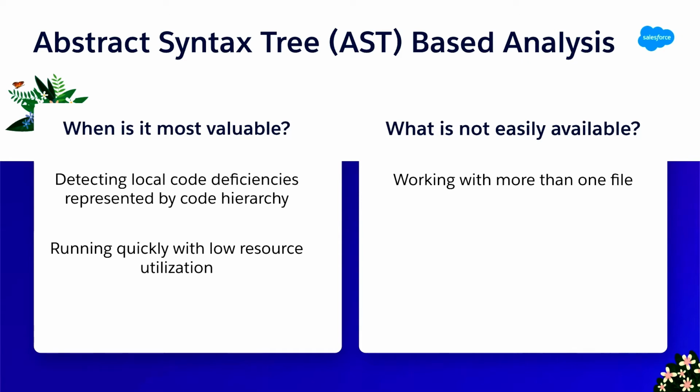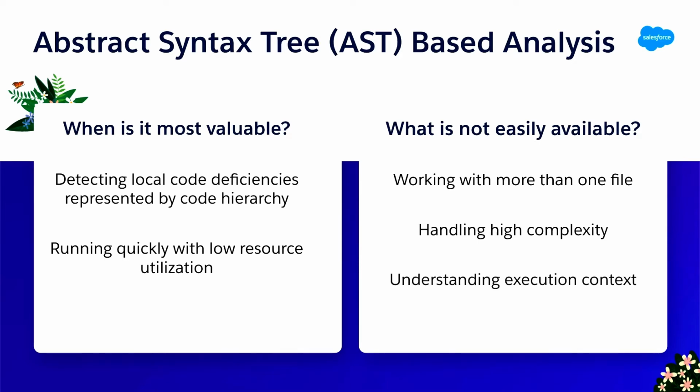I mean, it can be done. It's kind of a stretch. And also, anytime the issue cannot be represented by a simple code hierarchy, it's going to get difficult. I'll give you an example in a few minutes, you'll know what I'm talking about. But anytime it can't be represented by just a code hierarchy, it's not going to be easy.